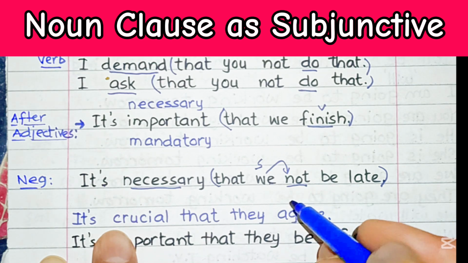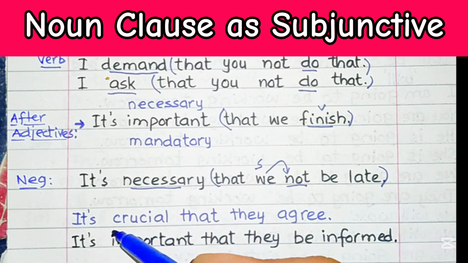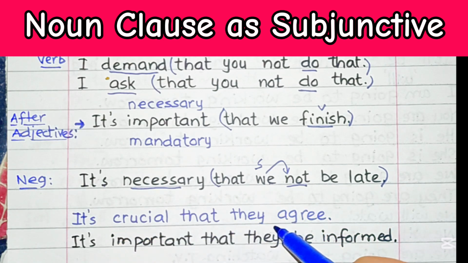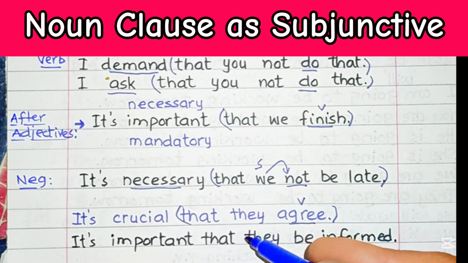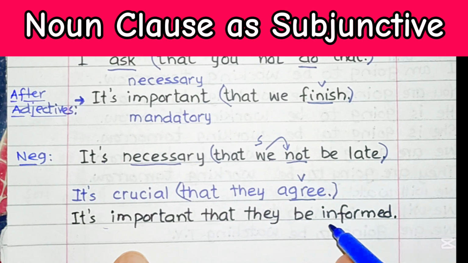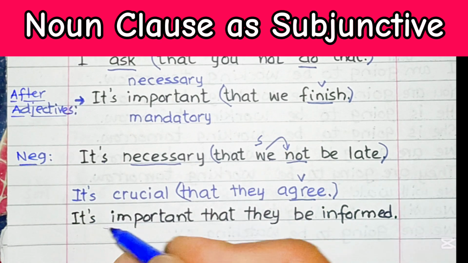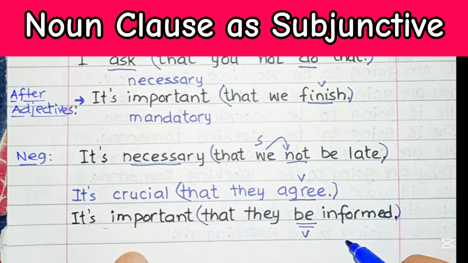When there is a military conflict, you will hear a sentence like this: it's crucial that they agree. This is also in the subjunctive mood, and this is the simple form of a verb. And then, it's important that they be informed. This is also in the subjunctive mood.